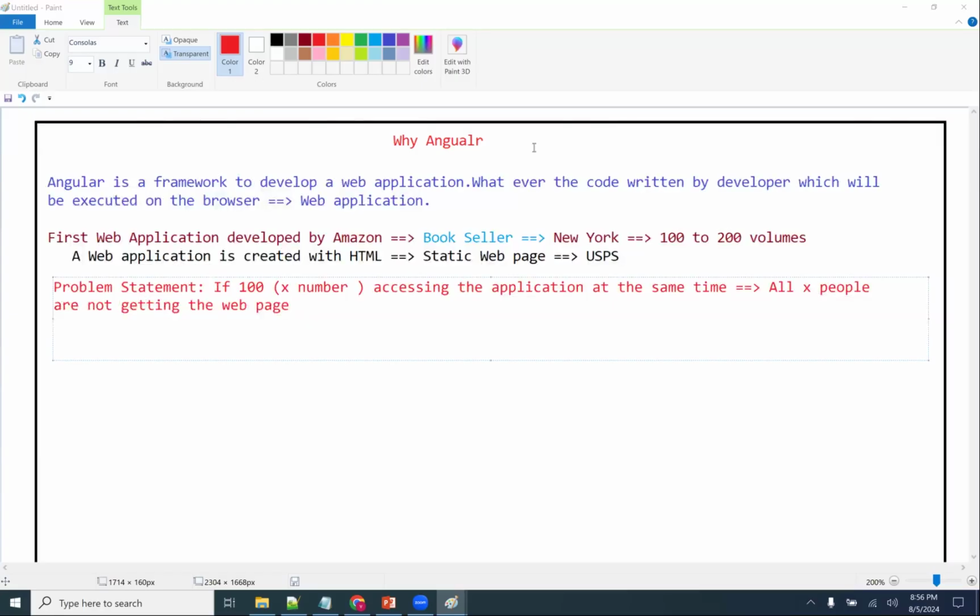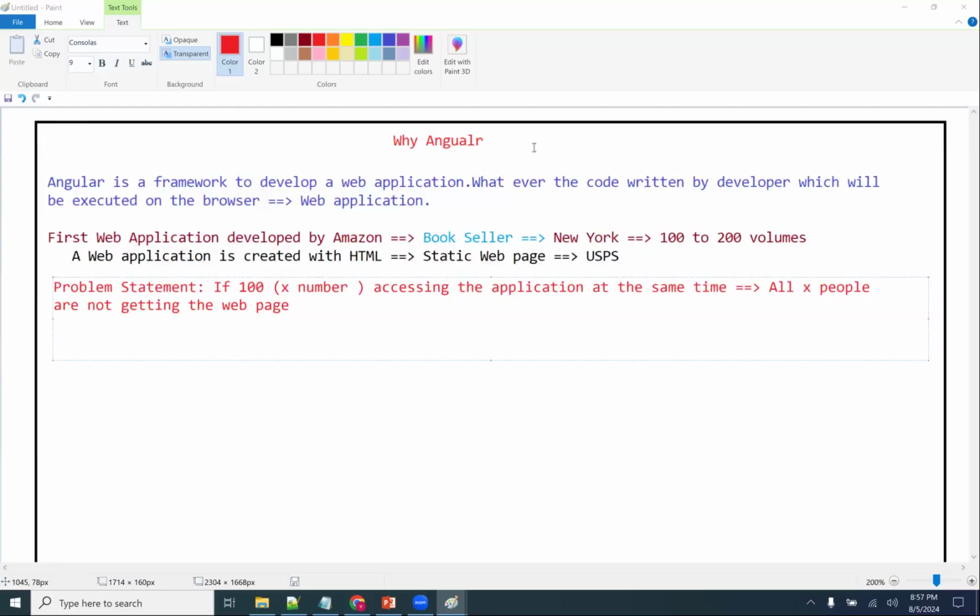Yes, same problem that Amazon is describing. If X number of people are accessing the application at the same time, not everyone is getting the page.